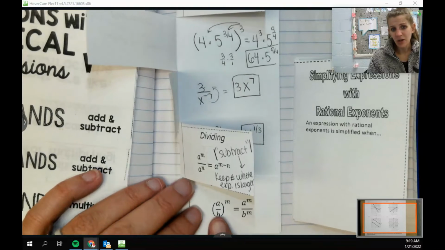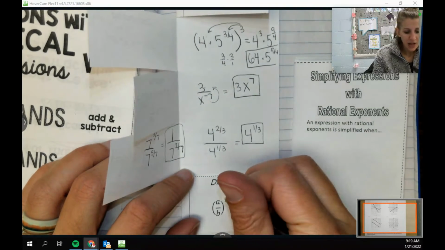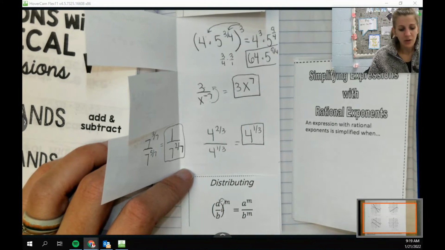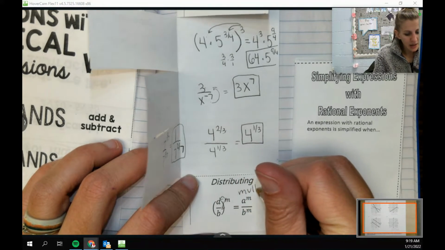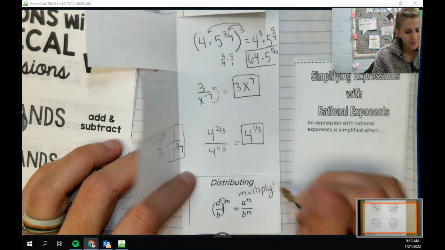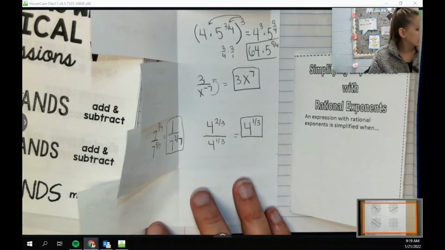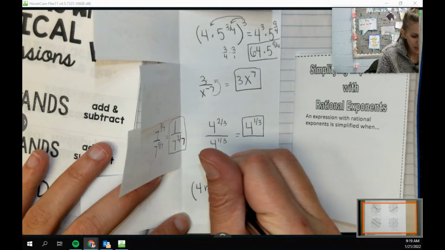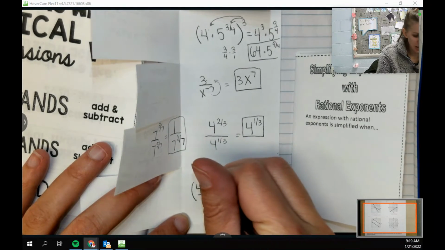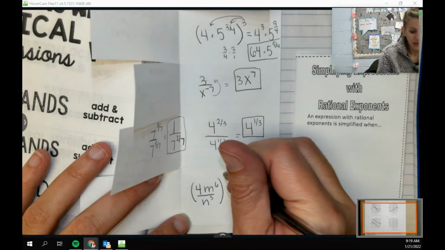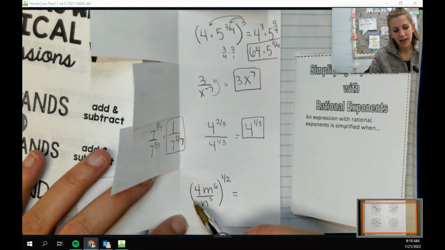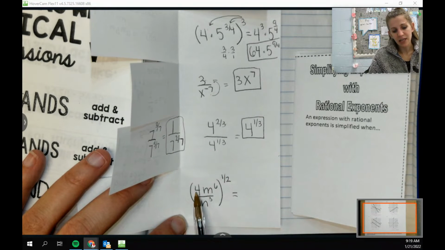Last but not least, I can also distribute an exponent on the outside of parentheses to fractions, and you should. So when we're distributing, we're multiplying. Okay, so a quick little example of this. If I had something like 4m to the 6th over n to the 3rd, all to the half, inside my parentheses, I have 3 individual number letters. 1, 2, 3.